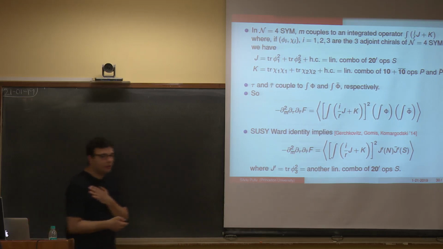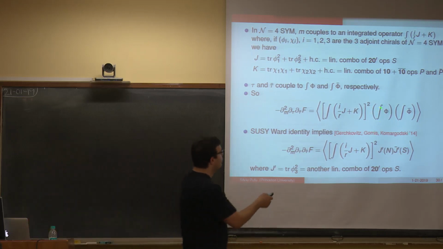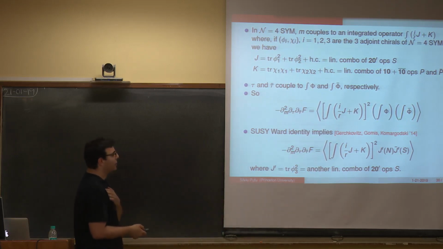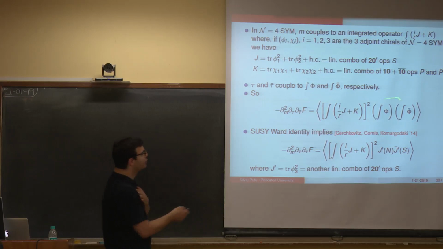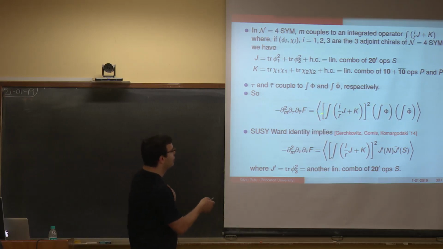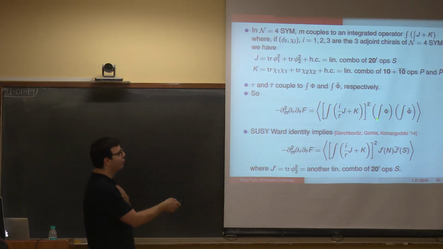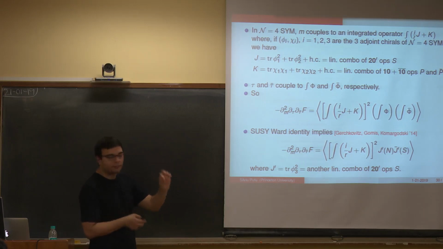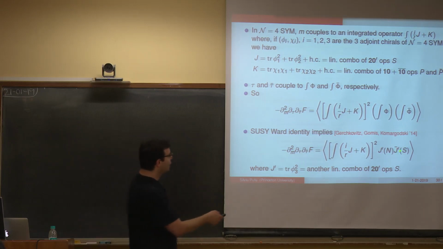It can be shown that the integrated marginal operators, dimension 4 operators, can be replaced, in the supersymmetry preserving case, with insertions at the north pole and the south pole of the sphere of some other operators that I call J prime.